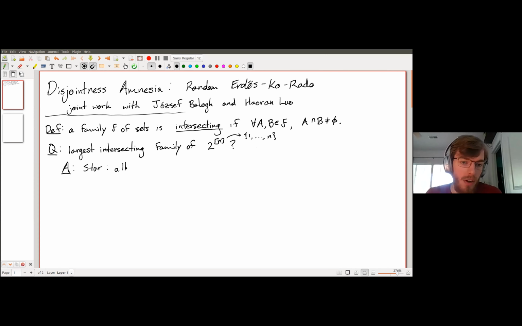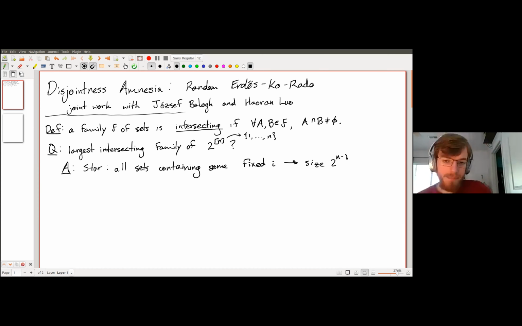These are all sets containing some fixed element. Some fixed i from 1 up to n, just pick 1, say, for concreteness, and this has size exactly 2 to the n minus 1. So half of this power set.